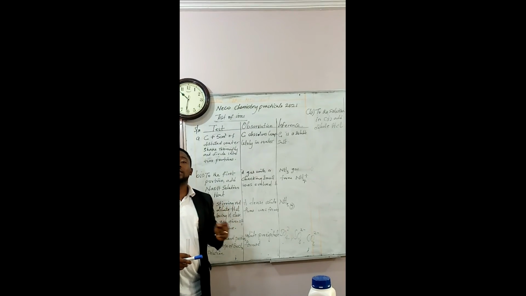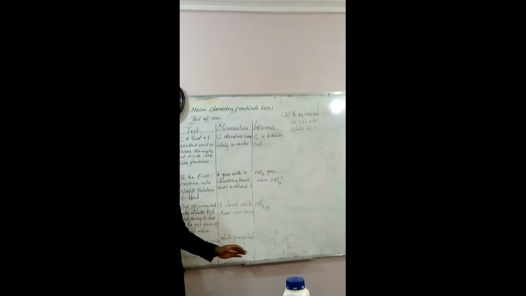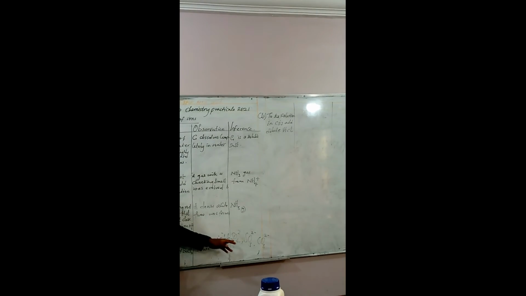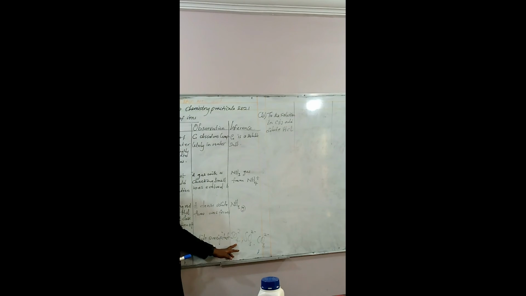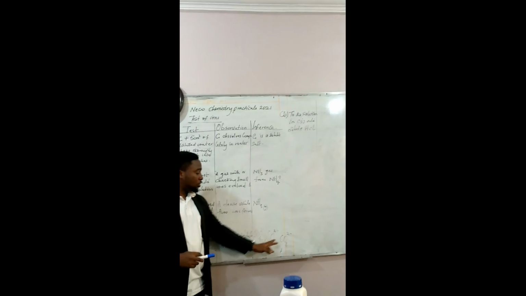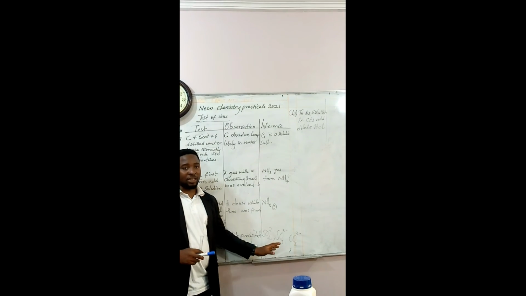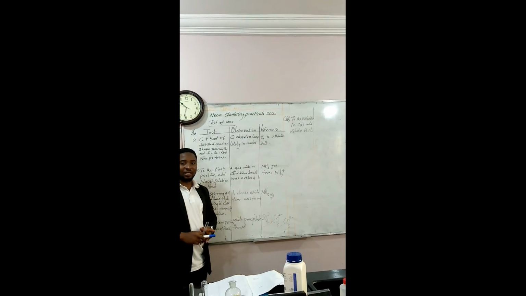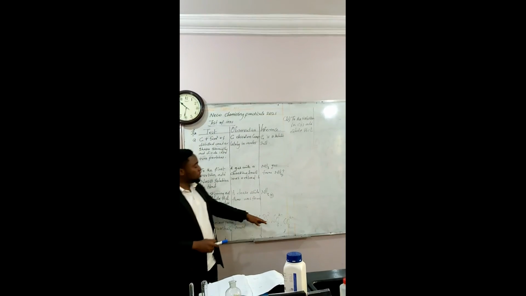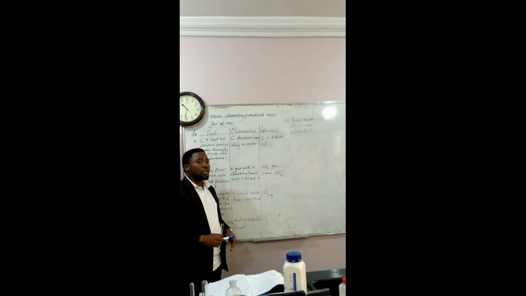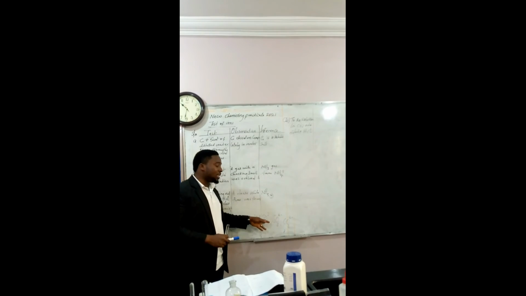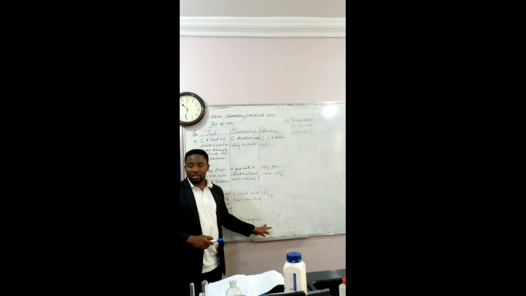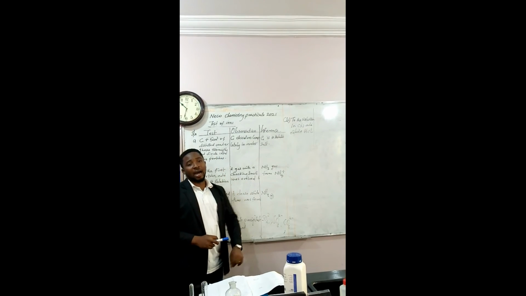If the precipitate dissolves, it implies that sulfate ion is absent and these 2 are probably present. But if I add dilute hydrochloric acid and the precipitate fails to dissolve, it obviously means that sulfate ion is present and these 2 are absent.